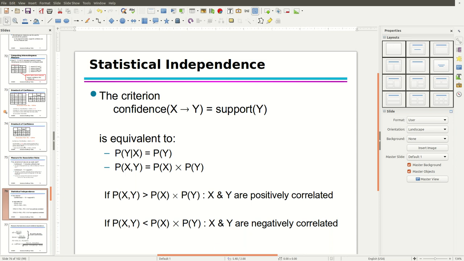And if you remember the formula for confidence, it is probability of Y given X, right? So that is equivalent to probability of Y given X equals probability of Y. So in terms of statistical independence, we can come up with this relationship.